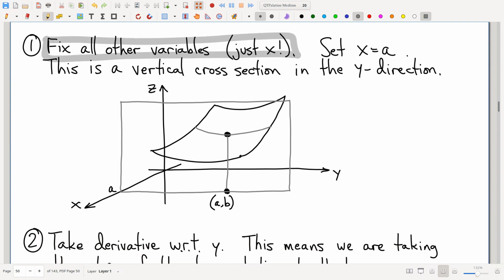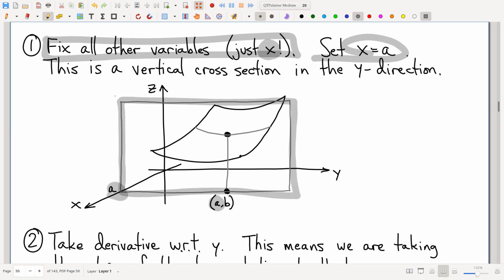Y is the one we're taking the partial with respect to, so x is the other variable. Now keep in mind, we're starting off at a point where x is a. So when we say fix x, and it's already got the value a, then I have to fix it at that value a. And that equation, x equals a, is a plane that looks like this.